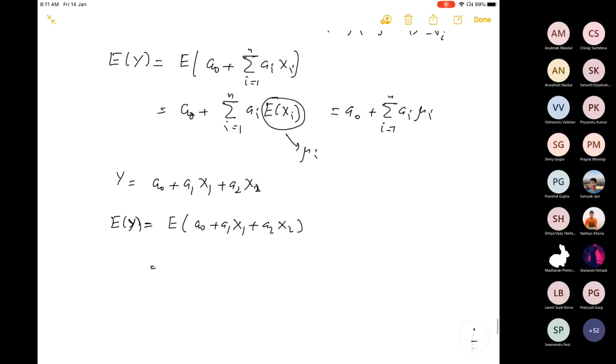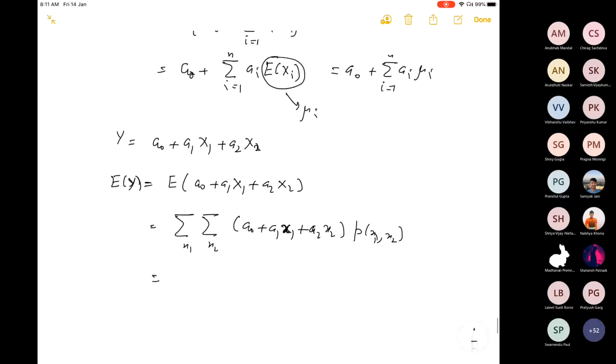So therefore this will be, let me take x1, x2 as discrete. Then the summation over x1, x2 of a naught plus a1 x1 plus a2 x2, into the joint density of x1, x2.